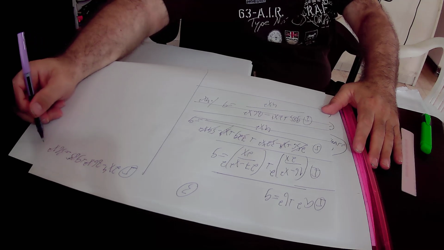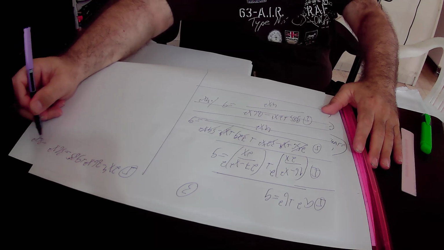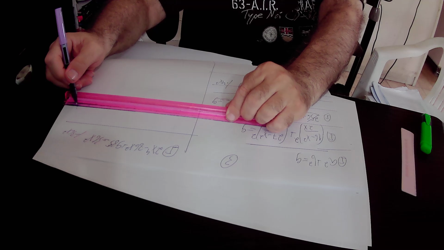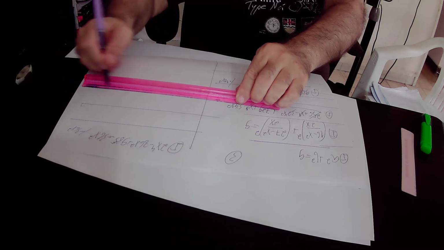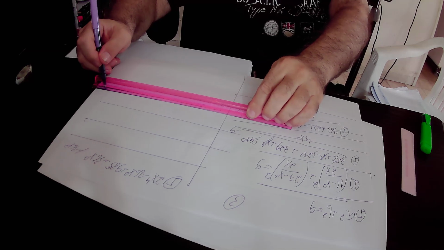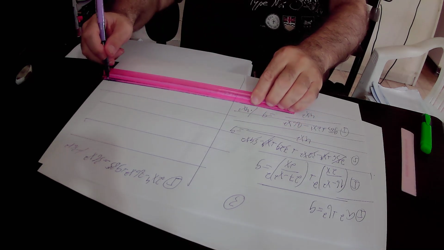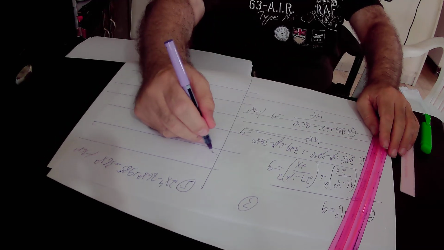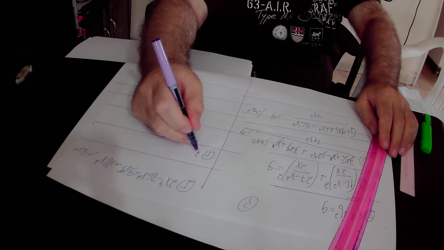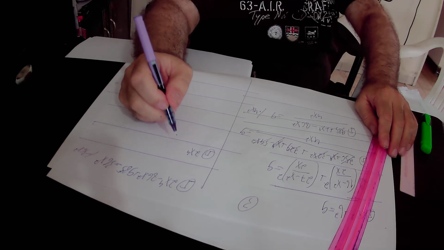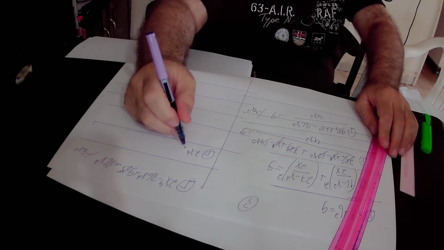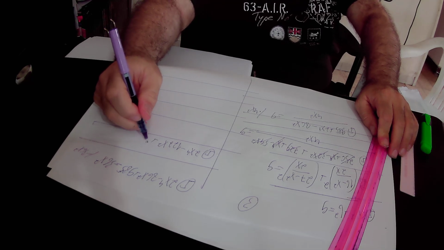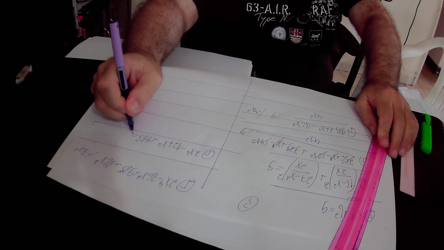So here we subtract 36x squared from this equation, and we get 2 times x to the power of 4 minus 86x squared minus 36x squared, which is minus 122x squared, plus 985 equals 0.